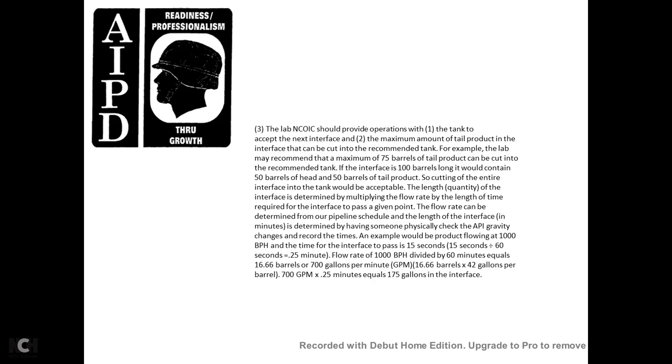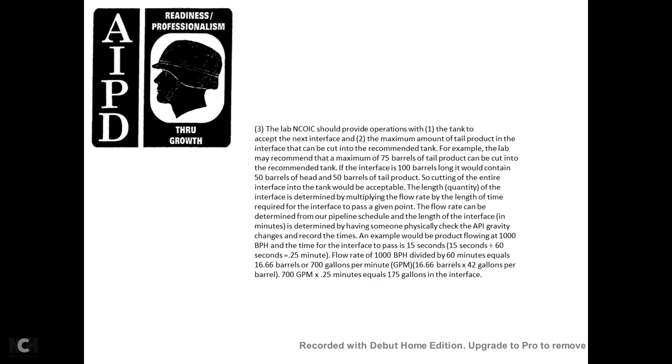The length and quantity of the interface are determined by multiplying the flow rate by the length of time required for the interface to pass a given point. The flow rate can be determined from your pipeline schedule. The length of the interface, in minutes, is determined by having someone physically check the API gravity changes and record the times. Example: we are producing 1,000 barrels per hour.